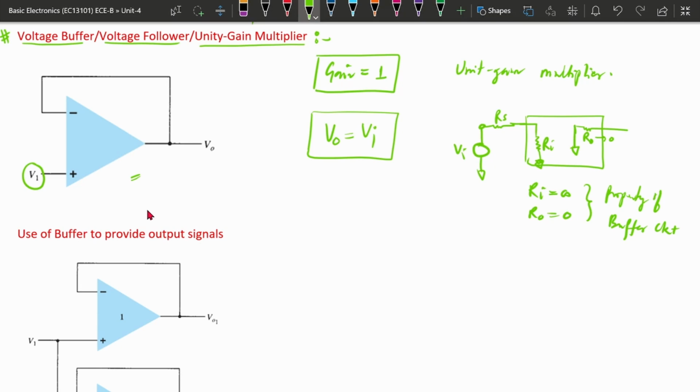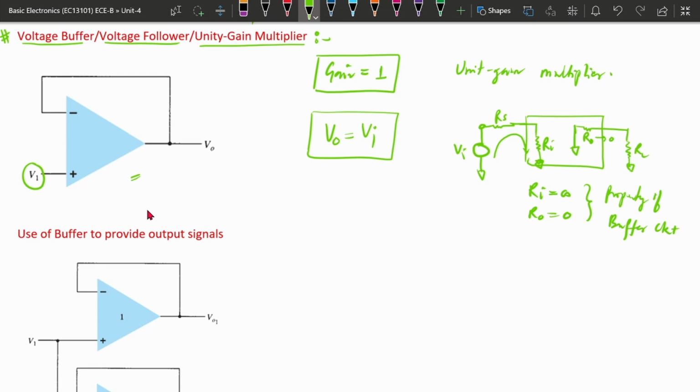If R input is infinity, all the voltage will appear across R input, so the circuit takes the complete input voltage, and output resistance is 0. Whatever output it provides will be across the load. If there is a load resistance, the total output voltage will be across the load only. There will be no voltage drop across the output resistance. This is the property of a buffer circuit.